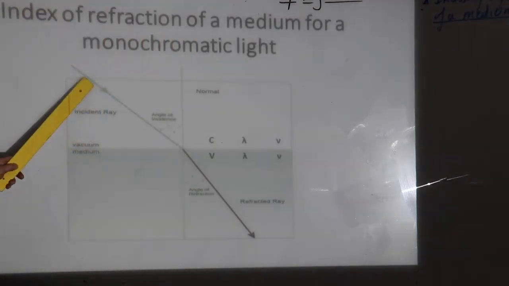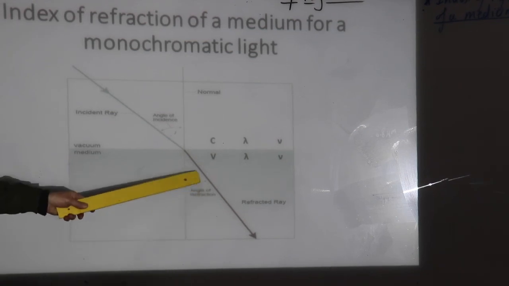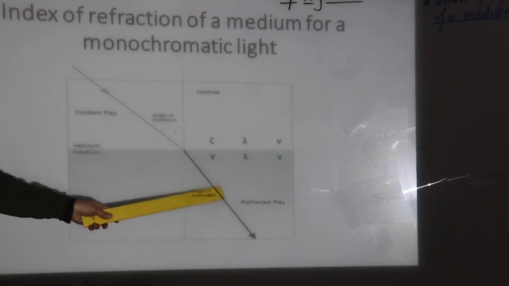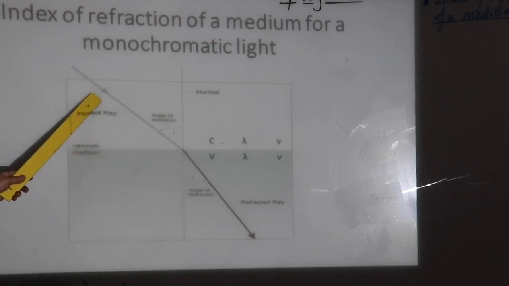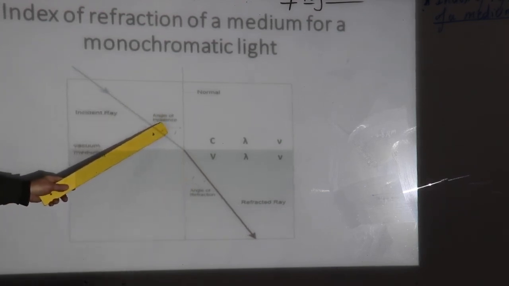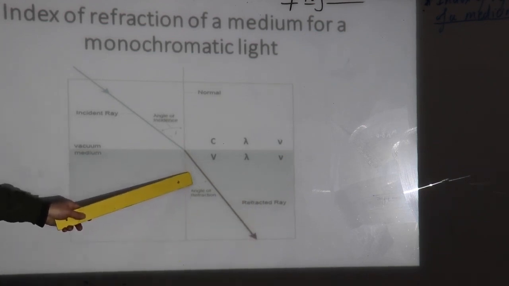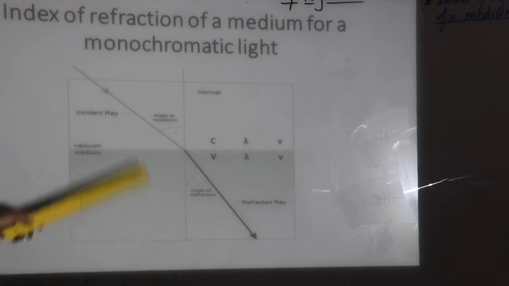When it passes from vacuum to a medium, it will refract. Its direction of propagation will change and makes refraction. This is the incident ray, this is the angle of incidence, this is the refracted ray and angle of refraction. And you studied this in first secondary.